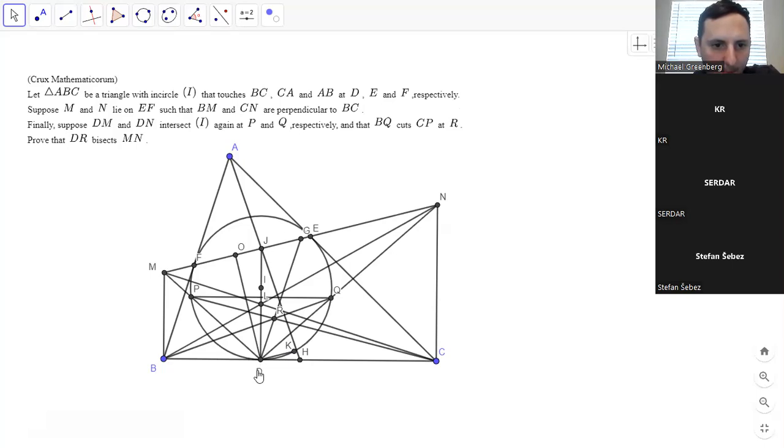Okay. So yeah, FO over OE is BD over DC. That's kind of well-known. So yeah, that's part of the Sharkey double configuration.